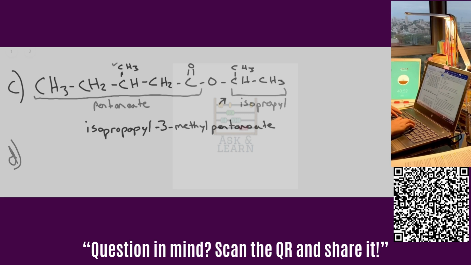Now we look at part D, where we're given a CH3, CH, CH2, double bond O, H, and CH3. So we want to start numbering our compound from the aldehyde group, which is what the double bond OH is.